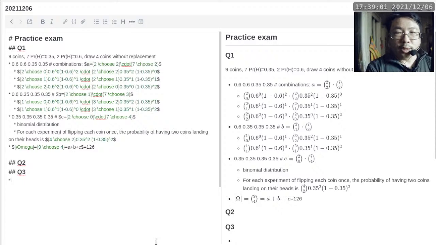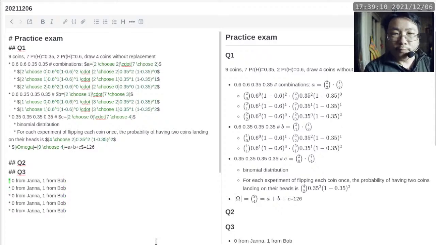So now we can have 0 from Jana, 4 from Bob, and then we just make 5 cases out of these. There we go. So if 0 is coming from Jana, that means 4 is coming from Bob. 3, 2, 1, and the 0.